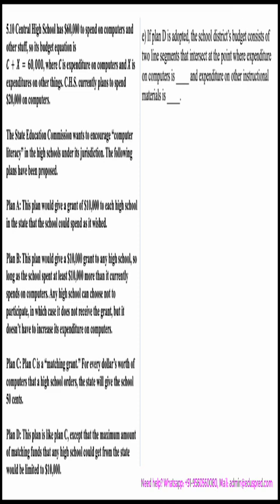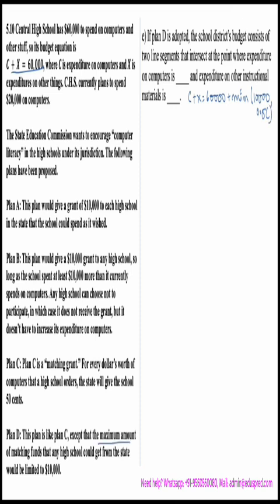So your budget line, which initially was C plus X is equal to 60,000, now changes to C plus X is equal to 60,000 plus, and what is the grant that the government is giving to you? That would be either 10,000 or 0.5 C. How?